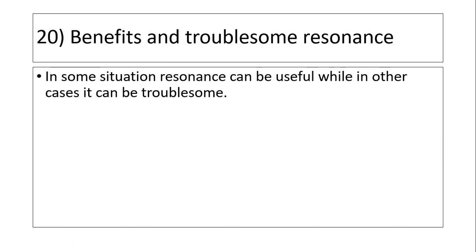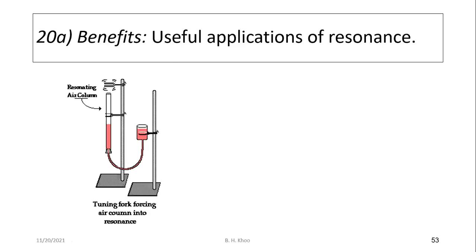There are some beneficial and some troublesome resonances. In some situations resonance can be useful, while in other cases it can be troublesome. Under sound, we can adjust this air column, which produces the sound. If the air column is the right height, you will hear a loud sound.